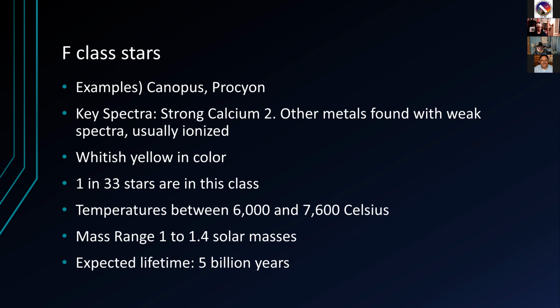They are separated out from the categories beneath, such as the G and K and M classes, by the strong presence of calcium-2 in their emission lines. But they also include trace amounts of ionized metals as well within their spectra.